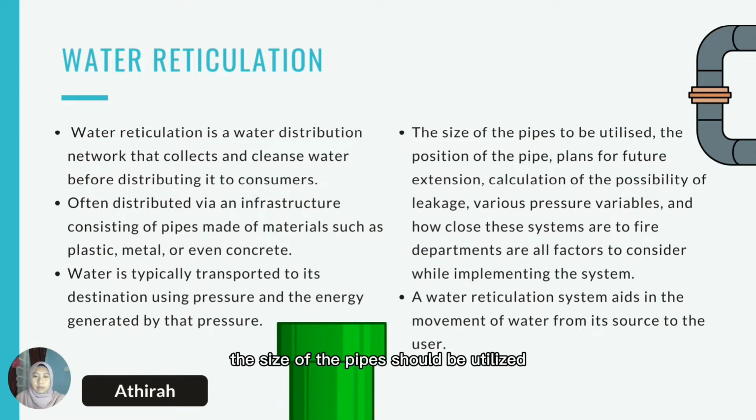The size of the pipes to be utilized, the position of the pipe, plans for the future extension, calculation of the possibility of leakage, various pressure variables, and how close these systems are to fire departments are all factors to consider while implementing the system.